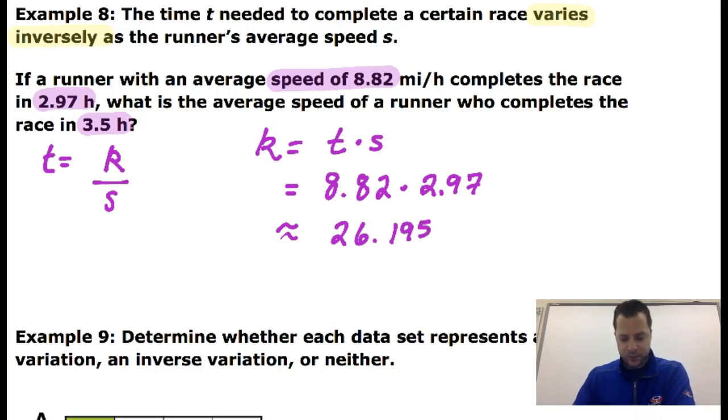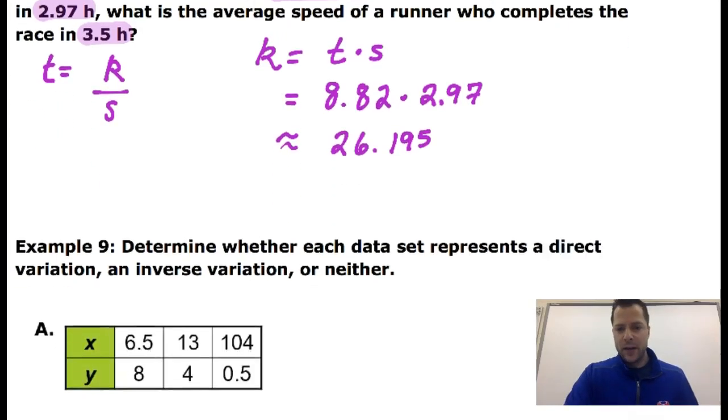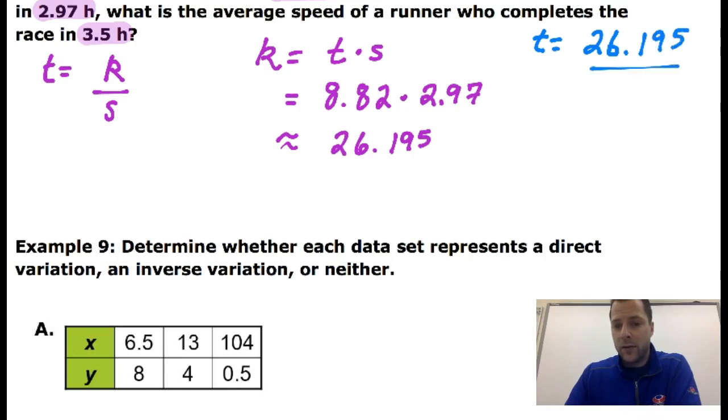Okay, so that's our equation, and so we're going to use that to find now. We have to find a new time. We have 26.195 over s, and so we're going to find the time, what is the average speed of the runner who completes the race in 3.5 hours.